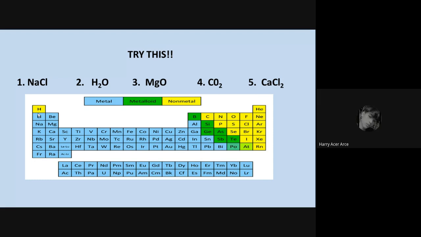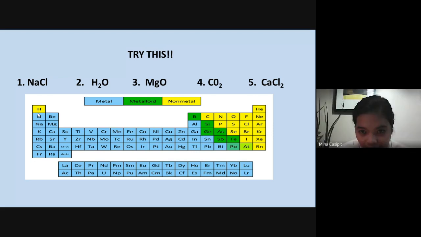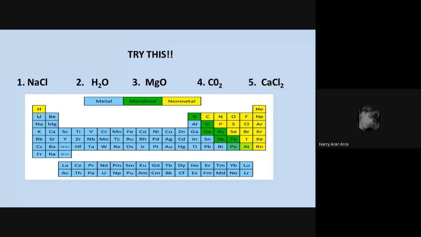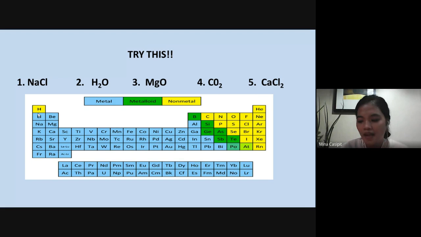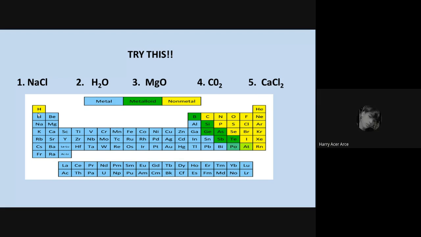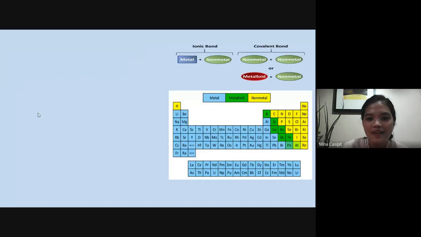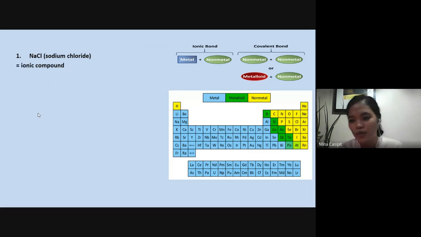Ma'am, metal po yung Na, tapos yung Cl is non-metal po. Okay, so that is why it is ionic po. Correct. And what is the name of that compound? Sodium chloride po. Okay, correct. So we have here, number 1, NaCl, sodium chloride. We have ionic compound.